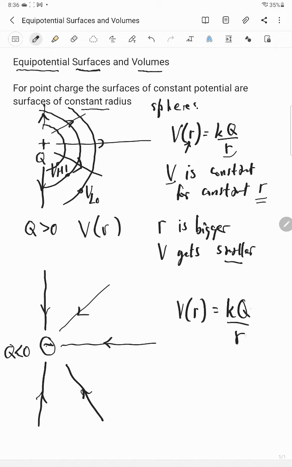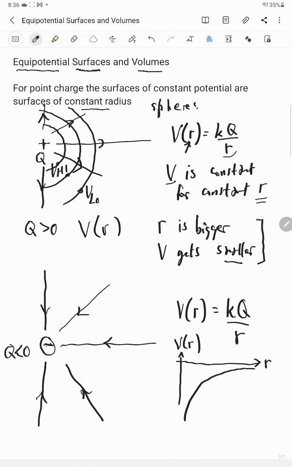But now, since Q is negative, this statement here is backwards. I'll remind you that the potential for a negative charge, right, so the vertical axis is V and the sideways axis is distance away from the charge, the electric potential is shaped like this.